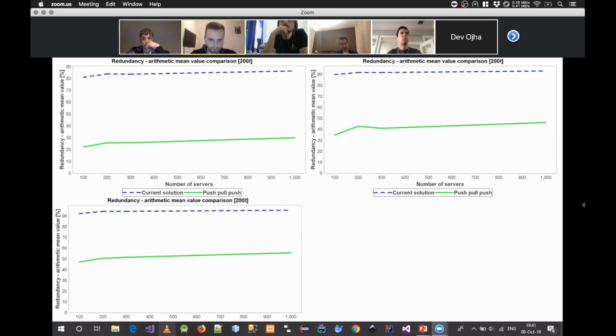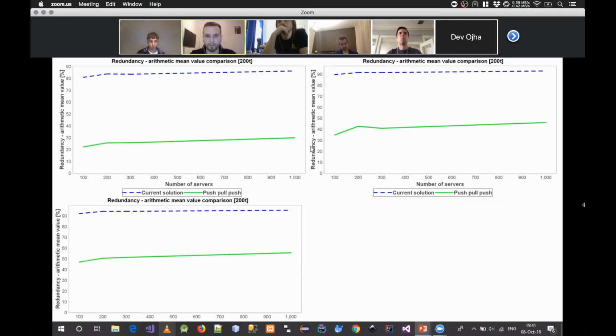Nevertheless, the push-pull-push gossiping algorithm shows significant improvement compared to the current solution, since on average it reduces the redundancy by roughly 56%. I calculated that beforehand. So this is as far as the redundancy is concerned.